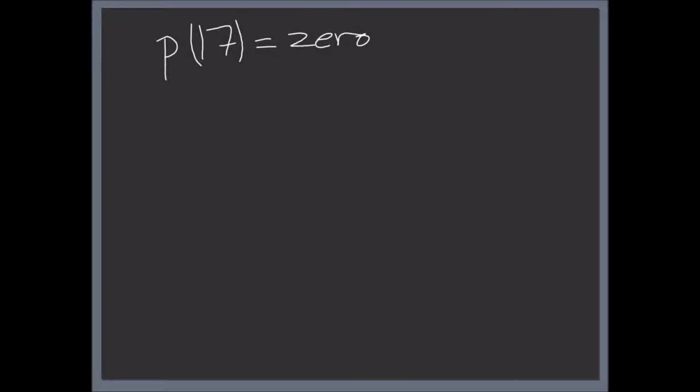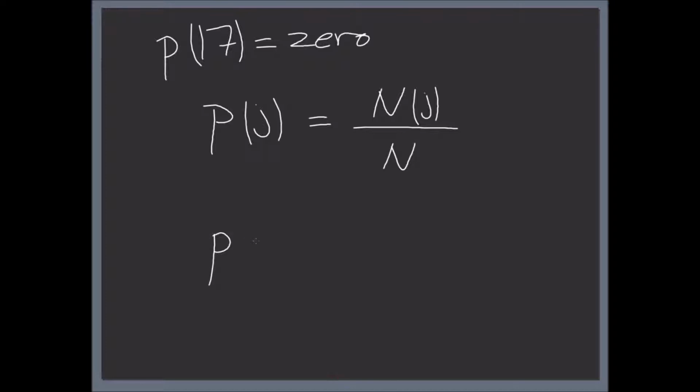So the formula for P of j is the number of people at that age divided by the total number of people in the room. Very, very important formula: if you sum all the probabilities from 0 to infinity, you should get 100%.